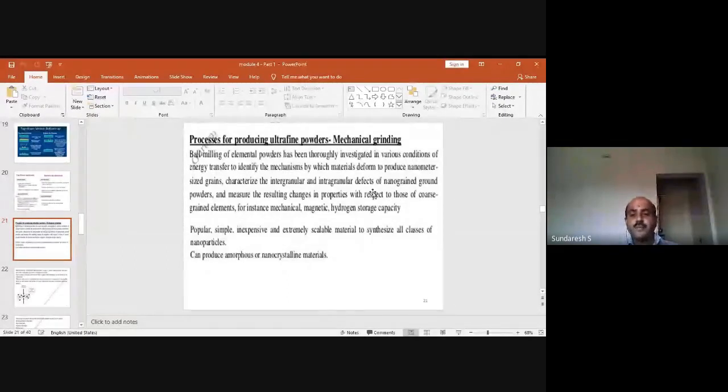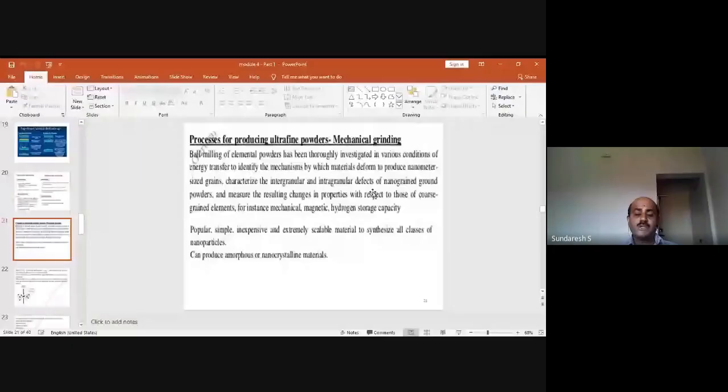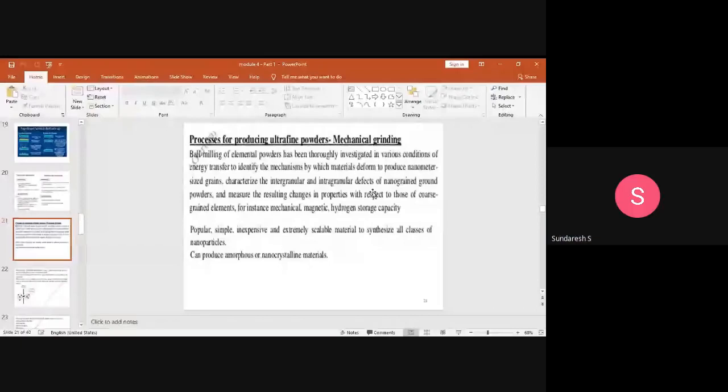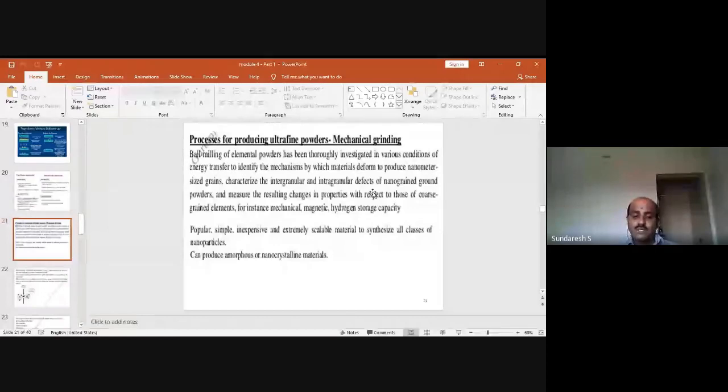In various conditions of energy transfer, you can deform the material to produce nanometer-size grains and characterize the intergranular and intragranular defects of nanograin ground powders, and you can measure the resulting changes in the properties with respect to those of coarse grain. Okay, and for example, it is specifying mechanical, magnetic, hydrogen storage capacity.